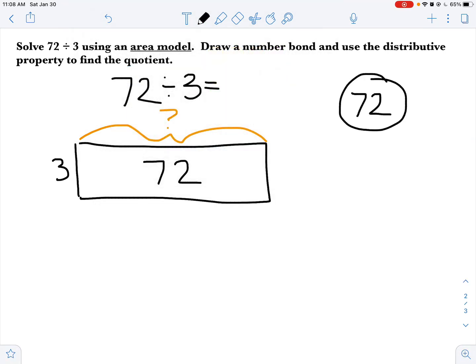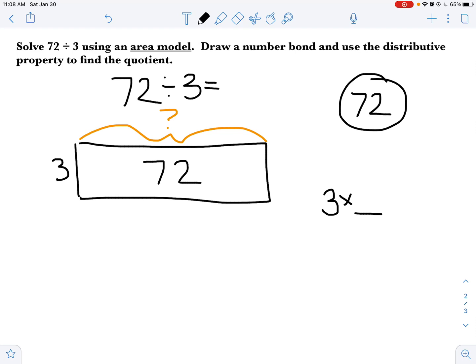And this time, I'm going to think of it in a slightly different way. Rather than trying to break down the 72 into equal parts that I think might be divisible by 3, I'm going to think of my multiplication instead. So I'm going to ask myself 3 times what will get me really close to 72.